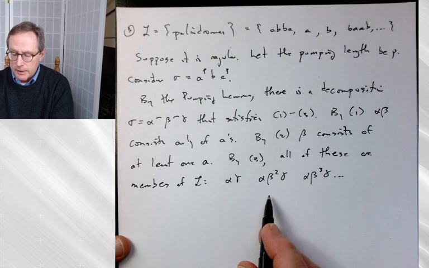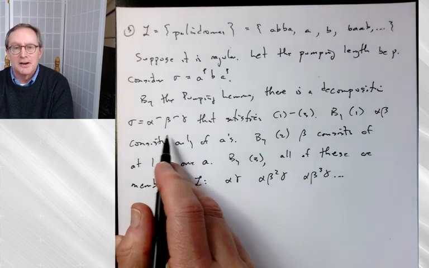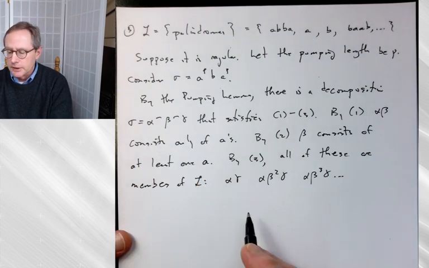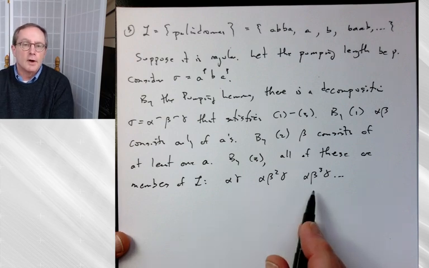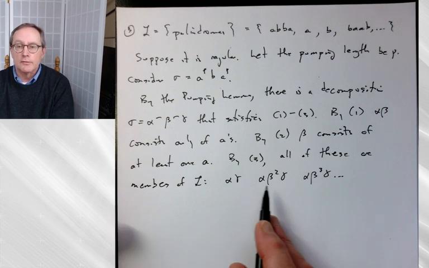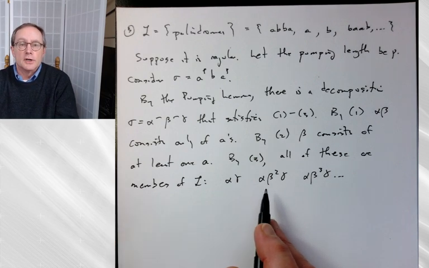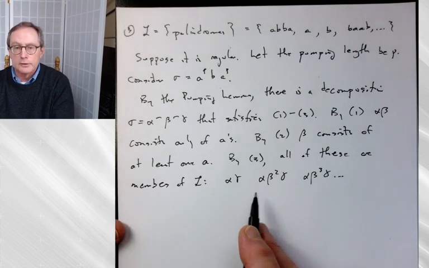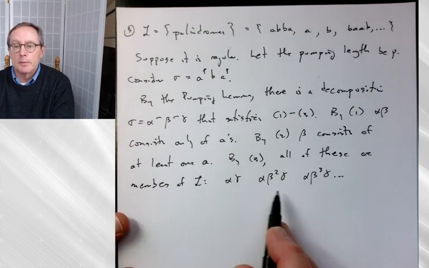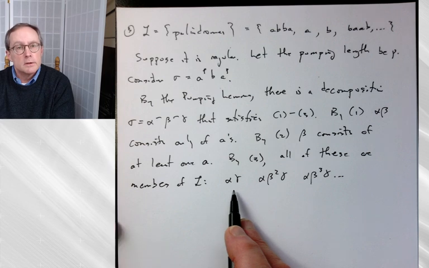I chose it to be a member of L. So I got to find the contradiction in one of these other ones, and a lot of times you find it in one of the first two. So just to pick one, I'll pick the first one again.